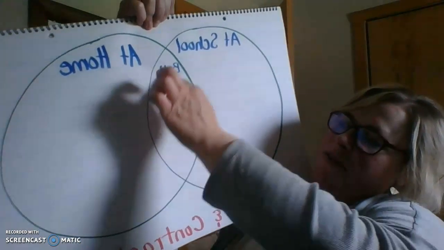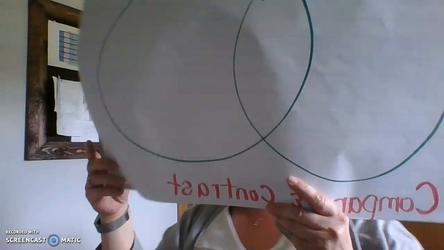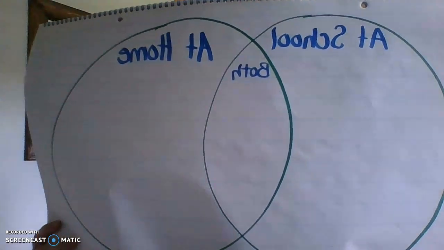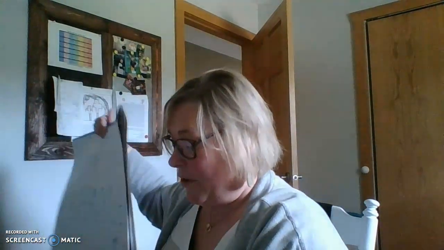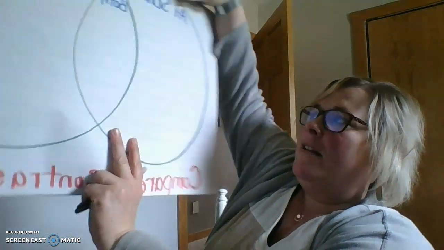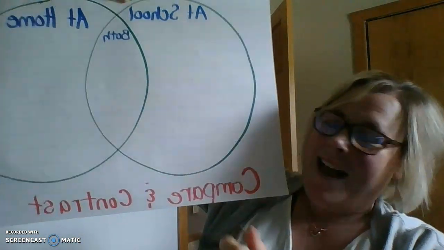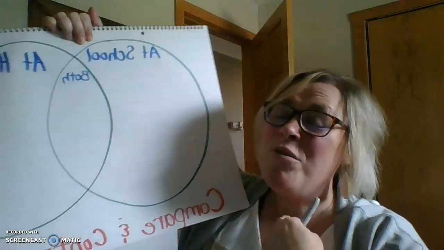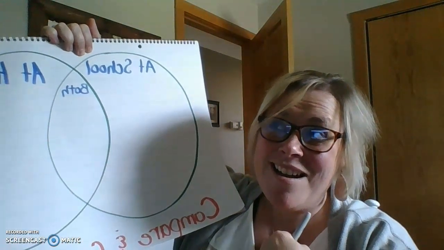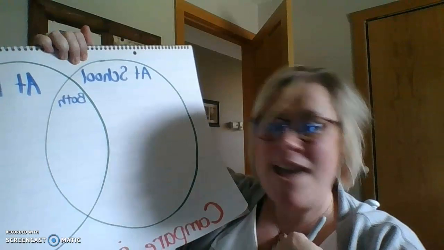And then this spot in the middle are things that are the same, things that happen both at school and at home. So when I think about learning and things that are the same, things that happen at home with at home learning and things that happen when we are in our kindergarten classroom together, in this both area, I know that in kindergarten, I read stories to you every day.